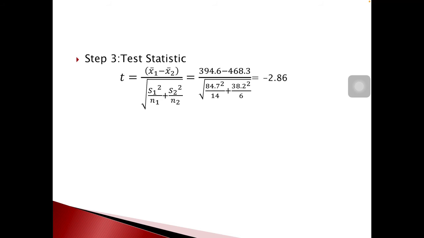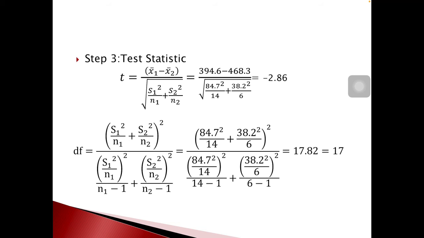Since S1 and S2 are given, you can simply plug those values in and find t, but you have to find the degree of freedom as well. Again plug in these values, because you know S1, S2, N1, N2. Simply plug those values in and figure out the degree of freedom. Here the degree of freedom is 17 and t is negative 2.86.